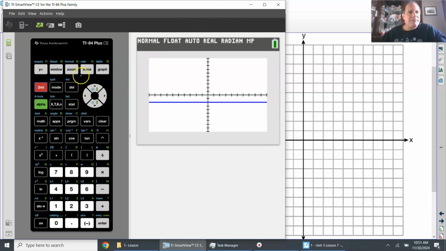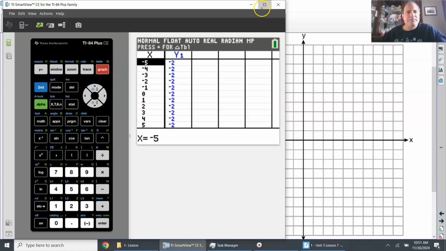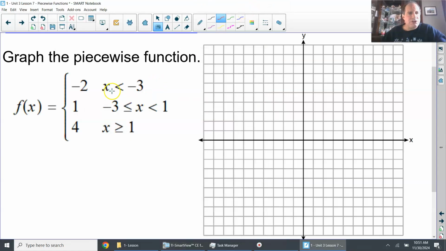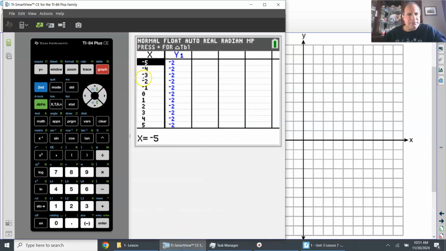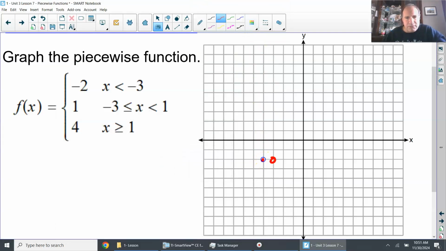So we're going to press second function and table, and we're going to see our tables. So just remember the x has to be less than -3. So the first thing that we're going to do is (-3, -2), and this is an open circle. (-3, -2), less than -4, (-4, -2), (-5, -2). And it just goes along the line right here.